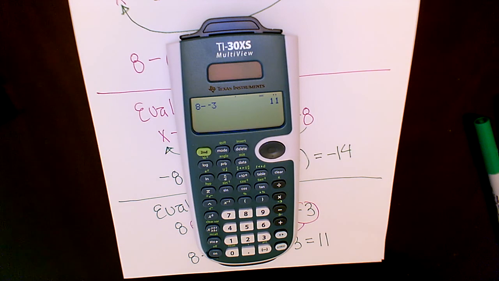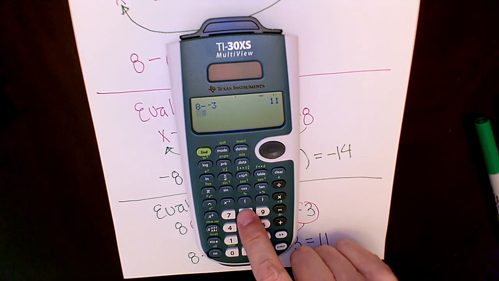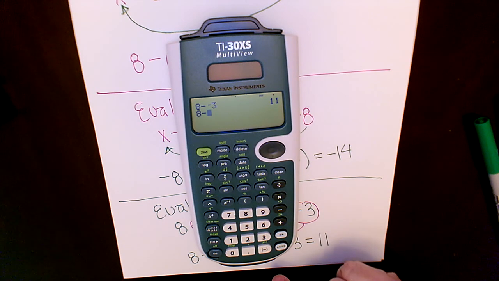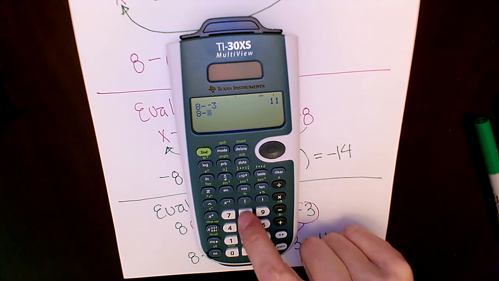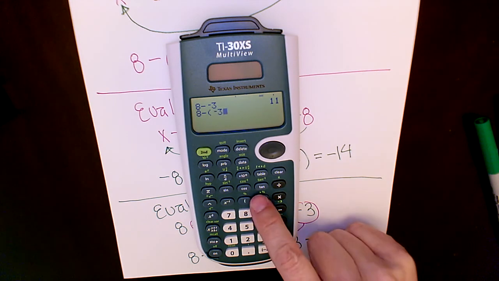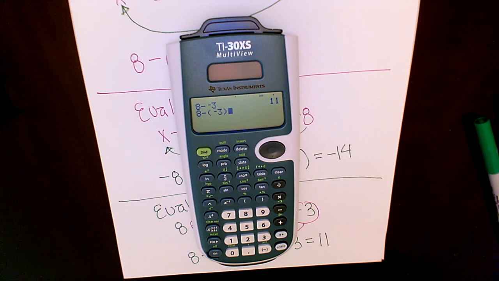So it is 11. And we should get the same thing if we put the parentheses around the negative, if you want to do it that way. Up above the 8 is one side of the parentheses, -3, and then close it up above the 9. So either way you want to do it, we're going to get 11, with parentheses or without.